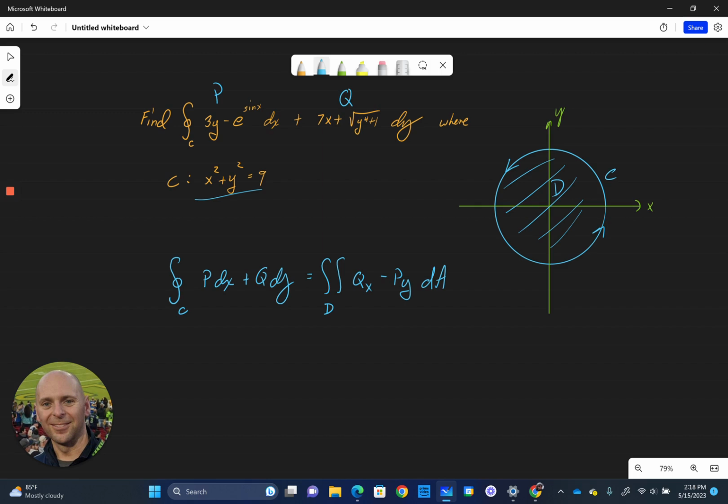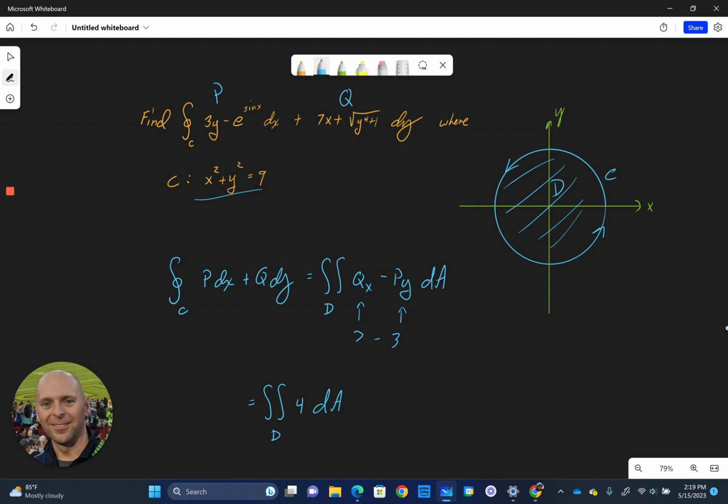So now I need the partial of q with respect to x, which is 7, and the partial of p with respect to y, which is 3. So our integrand just reduces down to 4. This is the double integral over the region D of 4 dA.